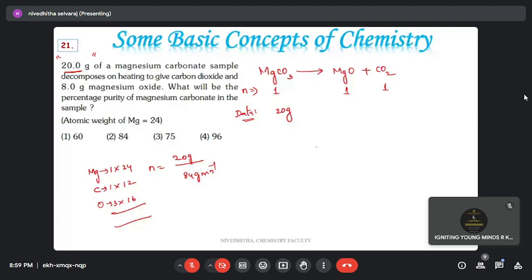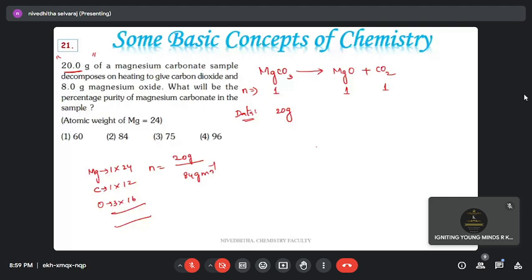So if you decompose 0.23 mole of magnesium carbonate, then how many moles of magnesium oxide will we get? You'll get the same 0.23 mole of magnesium oxide, right? So if the number of moles of magnesium oxide formed is 0.23, what must be the grams of magnesium oxide formed? We have to use the same formula, right?